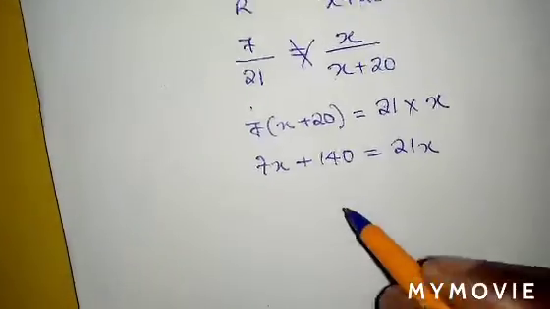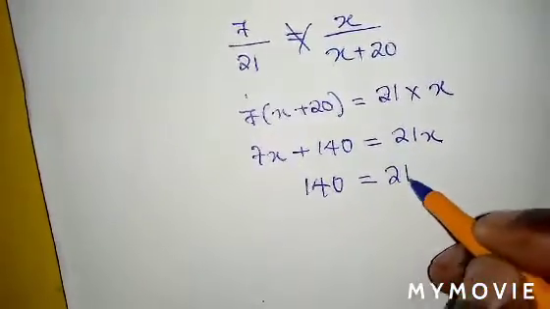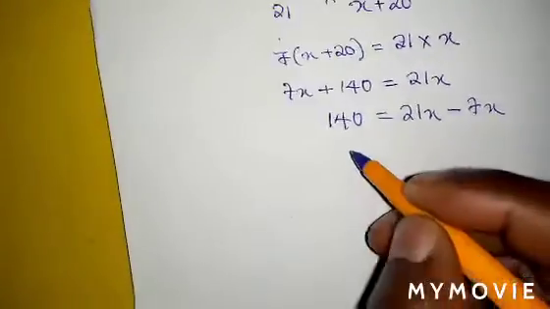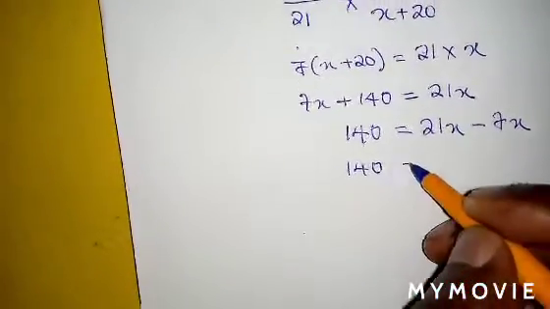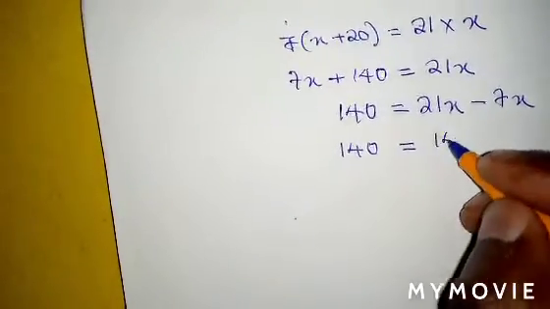Then we can collect like terms. So we'll have 140 is equal to 21x minus 7x, that is 14x.